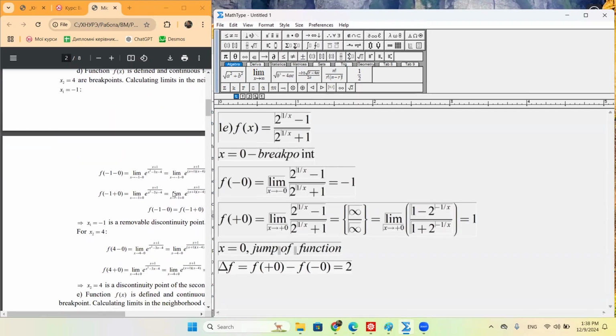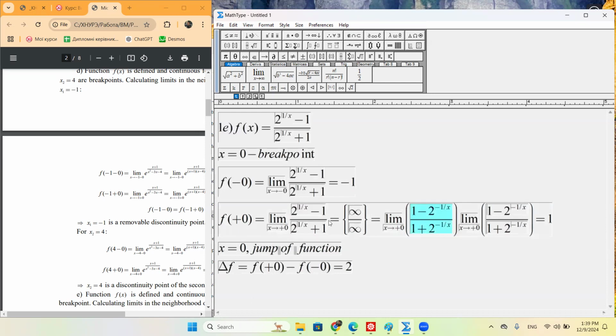Can you explain once again how we calculate the function at plus 0? Okay, plus 0. So you don't understand 0 and minus 0, or just this case, plus 0? Only plus 0. Okay. For this case, I divided the numerator and the denominator by 2 in power of 1 minus x.